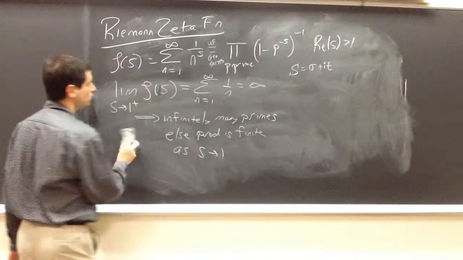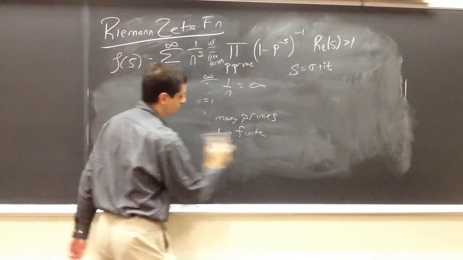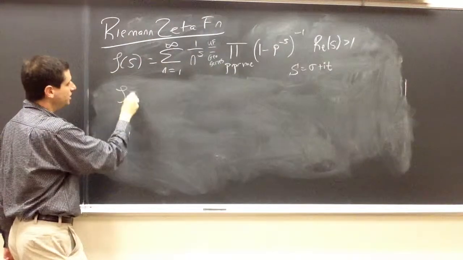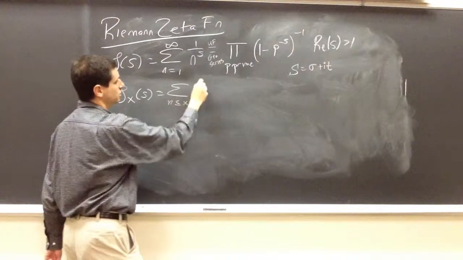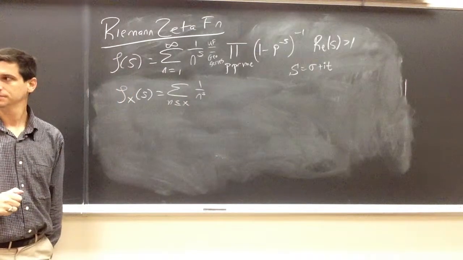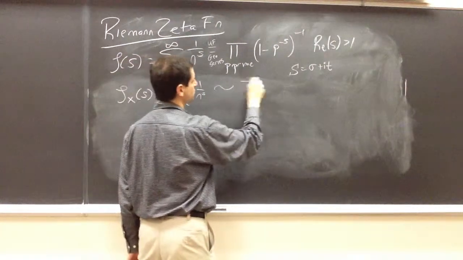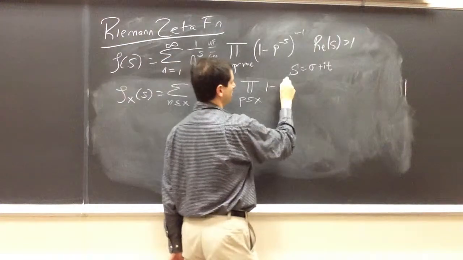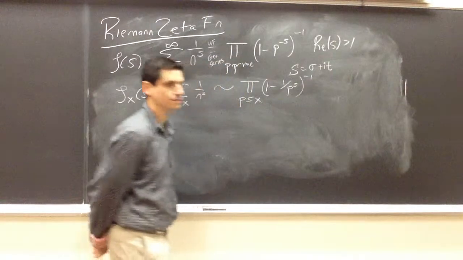Okay. So we don't have that much time, so I'm going to do things really fast, and I'm not going to make things too rigorous, which I like. So zeta x of s is going to be the sum, n less than or equal to x, of 1 over n to the s. And I claim that this is approximately the product over all primes less than or equal to x of (1 minus 1 over p to the s) inverse.